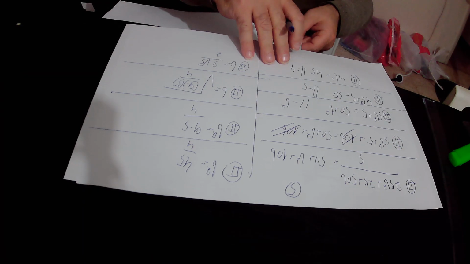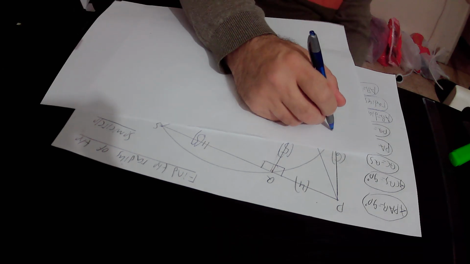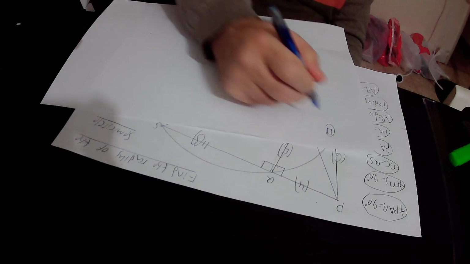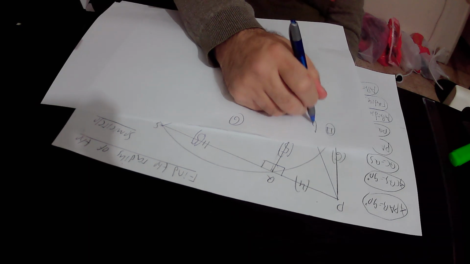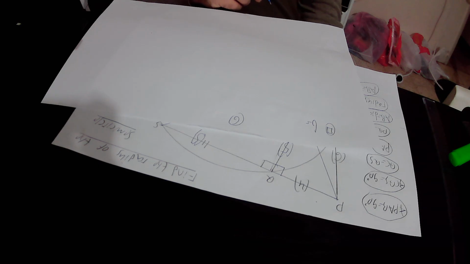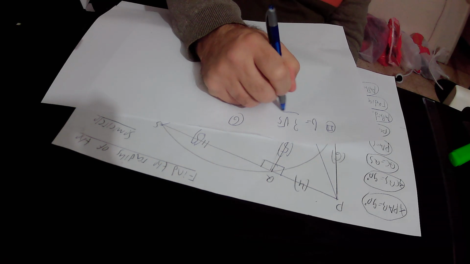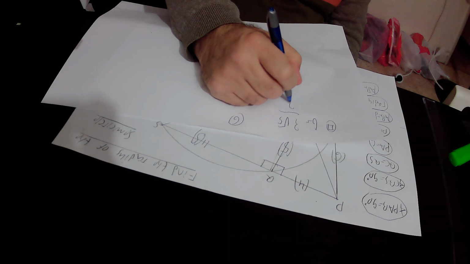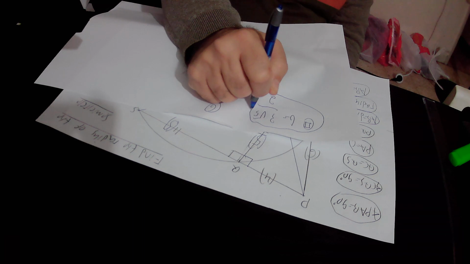According to equation number 2, b equals 3 times square root of 5 over 2.